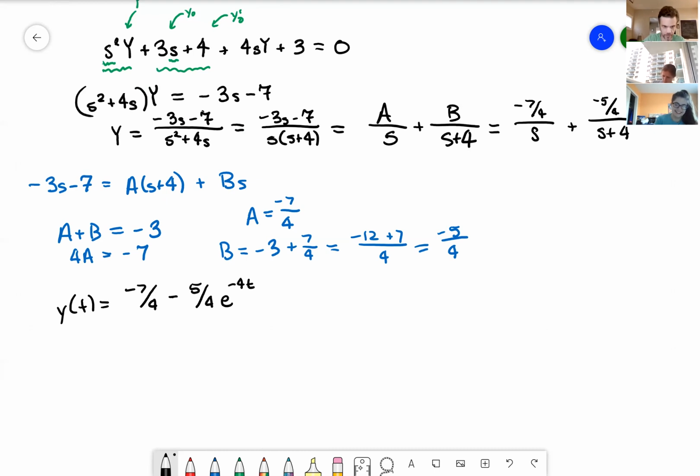It's a gamble. And then what I get for this is minus 7/4 over s plus minus 5/4 over s plus 4. And then by inverting it, a minus 7/4. I'm really tempting fate by doing it all.